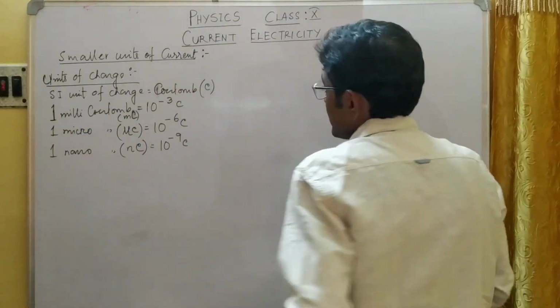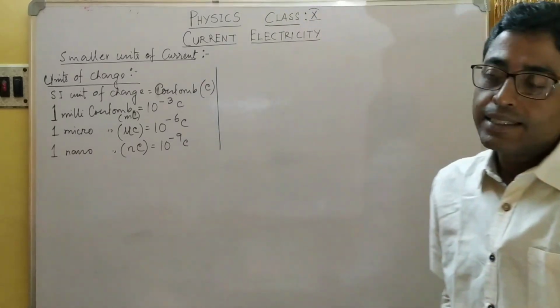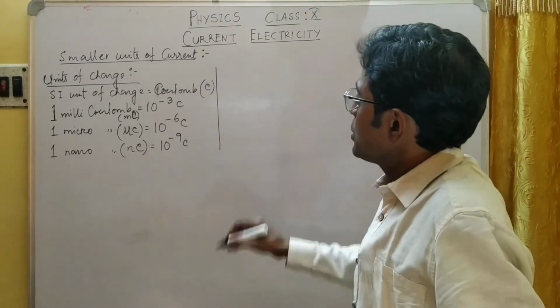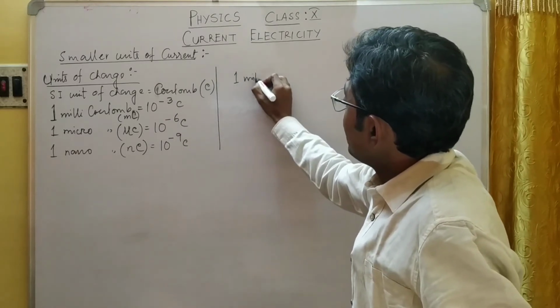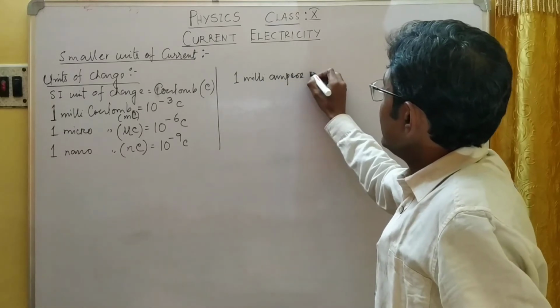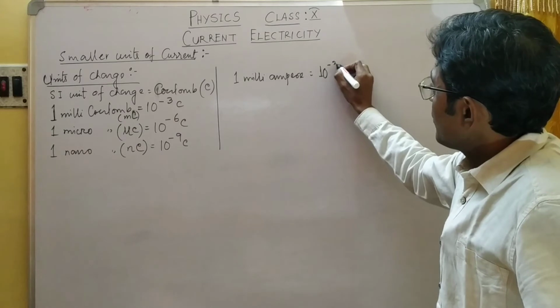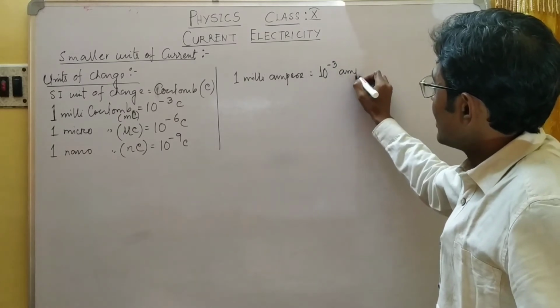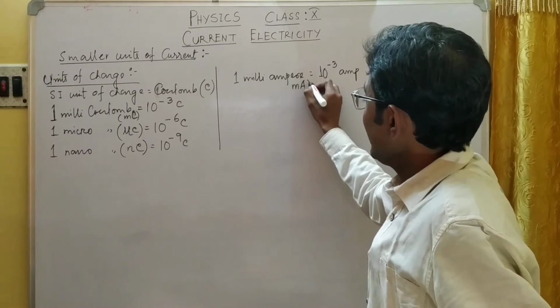Now the smaller units of current will be like this. 1 milliampere is 10 to the power minus 3 ampere, and milliampere is denoted by mA.